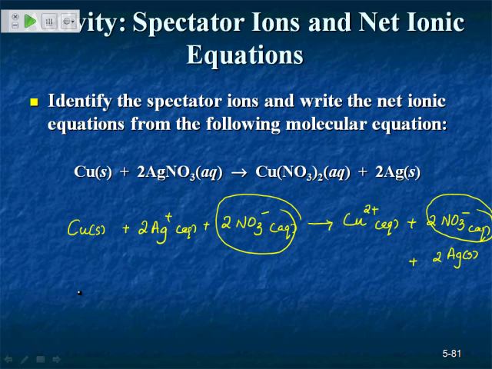So the net ionic equation is Cu solid plus 2 Ag plus Aq giving us Cu2 plus and 2 Ag solid.